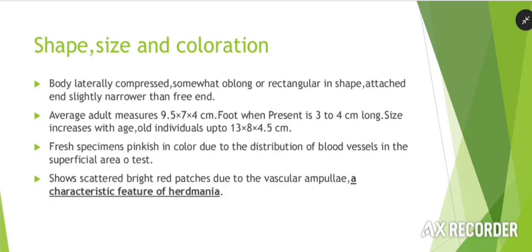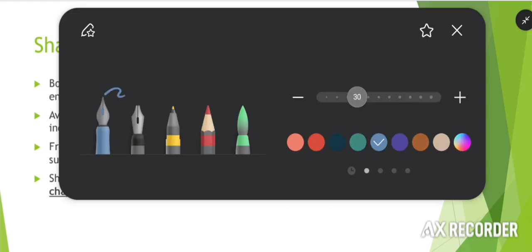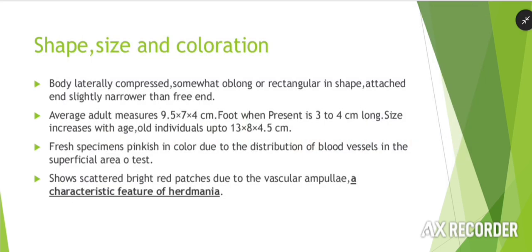So it shows scattered bright red patches due to the vascular ampullae, a characteristic feature of Herdmania. Now this is very important. This is the characteristic feature of Herdmania. Okay, let's see here. Suppose this is the structure of Herdmania. Let's make it more clear.